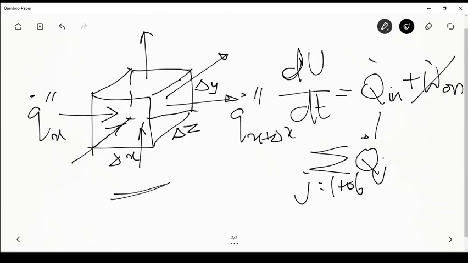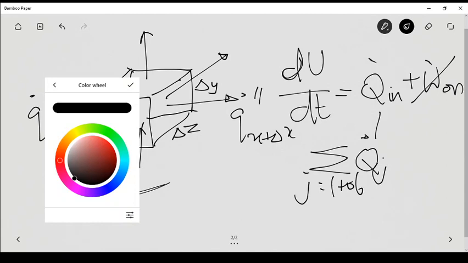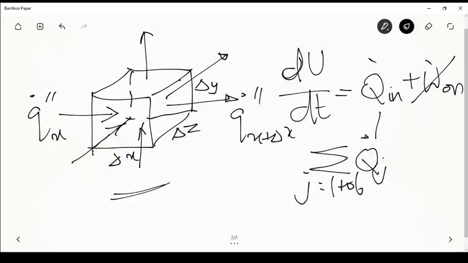If this corner is the origin of this block at x, then this is x plus delta x. Similarly, if the front face is z, the rear face is z plus delta z. If the bottom face is y, the top face is y plus delta y.